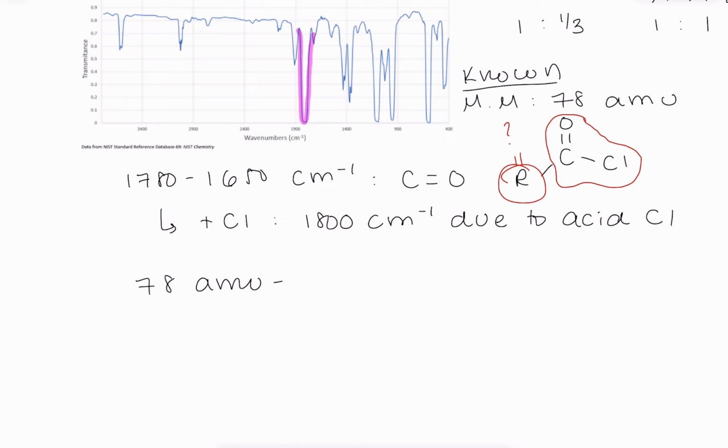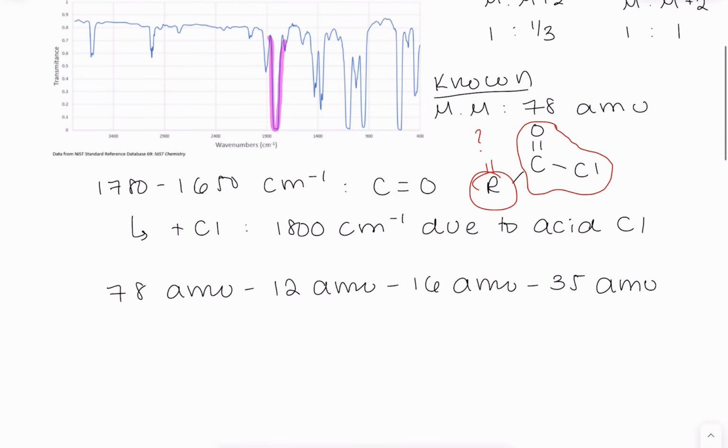So the carbon atom is going to weigh 12 atomic mass units, oxygen will weigh 16, and chlorine weighs 35. And that will give us 63 atomic mass units, which will be the weight of this group circled in red.